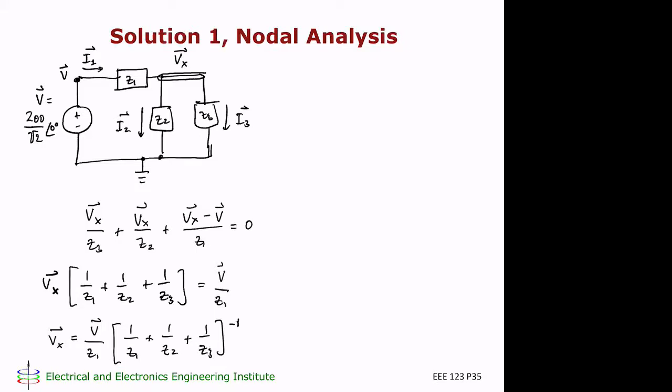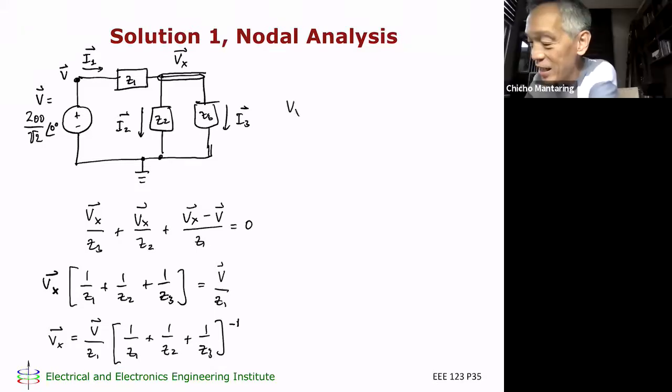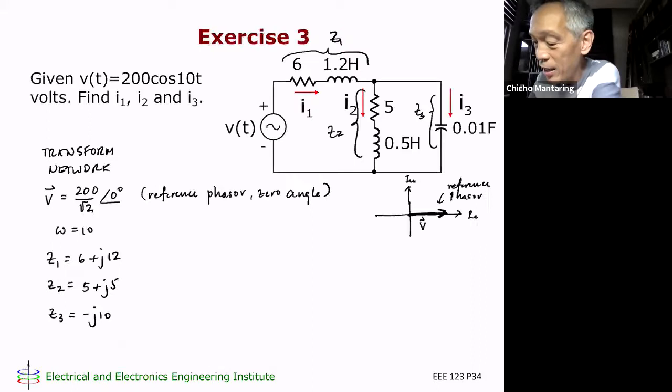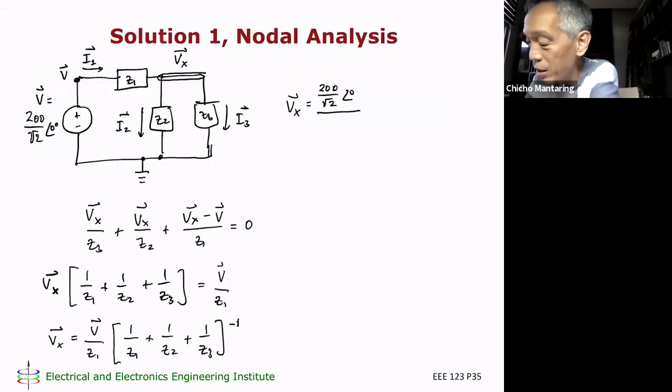Okay. So what is Vx? Okay, that's equal to, ano yung V? V is 200 over the square root of 2 at an angle 0. Ang Z1 is 6 plus J12.